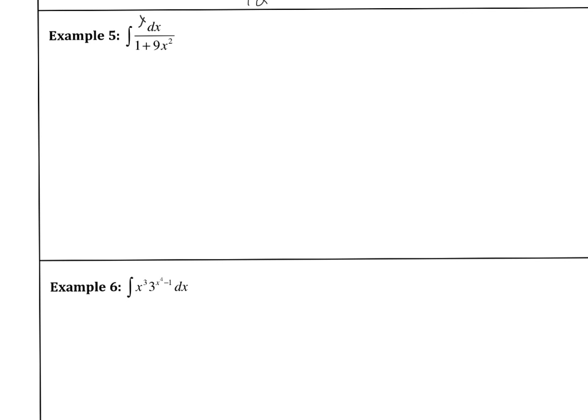Do we see some function and something that at least looks like it could be its derivative nearby? Well, sure. This 9x squared. The derivative of anything to the second is going to be something to the first, which would be this x that I so strategically placed right there. So let's go with that definition of u.